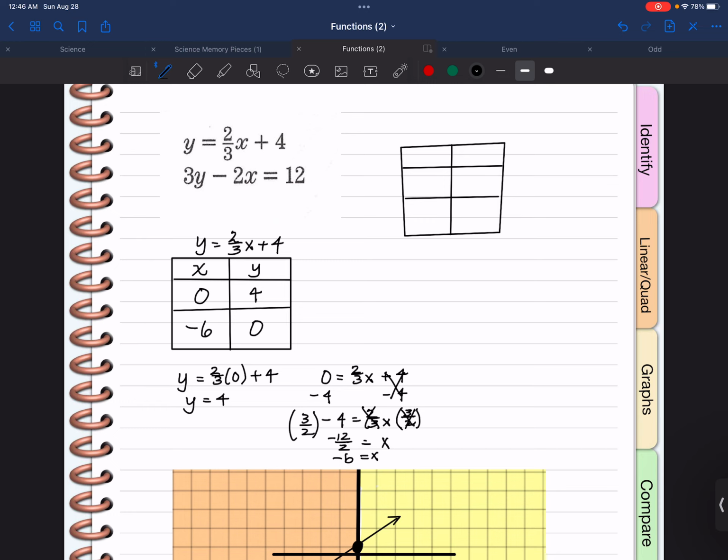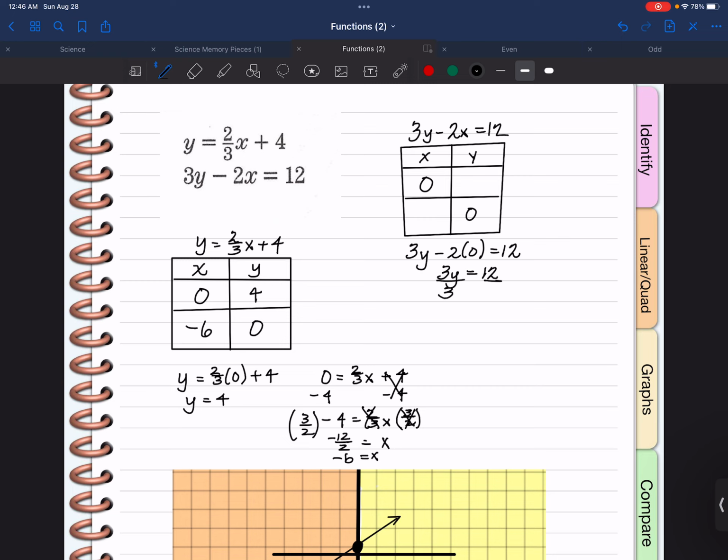And I have an xy table for 3y minus 2x is 12. And I'm going to use those intercepts again. So I have 3 times y minus 2 times nothing is 12. So that leaves me with 3y equals 12.